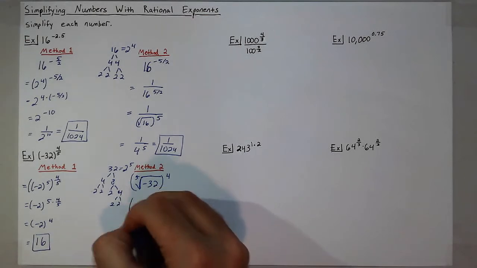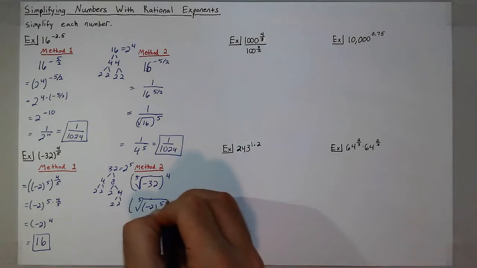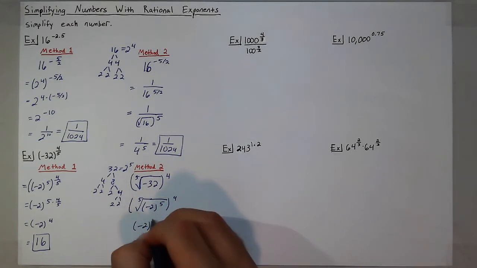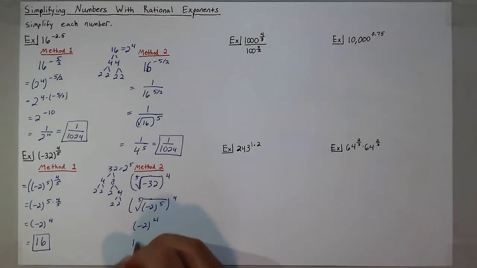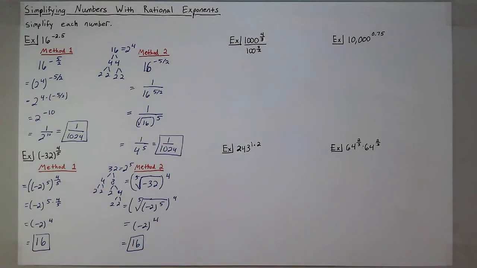So I can think of this as the 5th root of negative 2 to the 5th, which leaves me with just negative 2 to the 4th power, which is 16. You'll often notice lots of common patterns between both methods, and it's usually just a preference as to which one you like to use more. So let's try this with a few more examples.